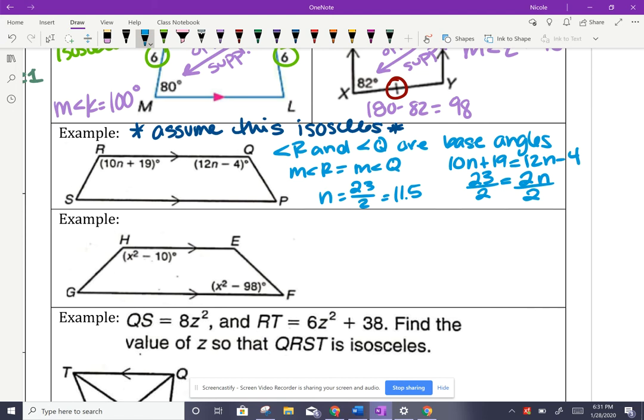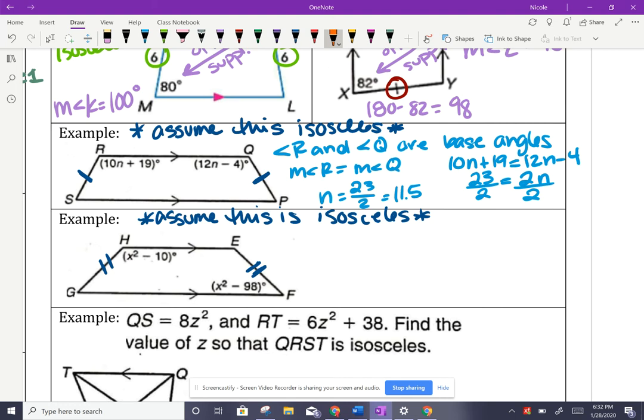If we are assuming that these are isosceles, we're going to put this here and this here. We're going to do the same with our next one. We are also going to assume, because I am telling you. Obviously that won't happen on a quiz or a test. It will state it either by marking the two legs of the trapezoid as congruent, or it will state it in the question, like trapezoid is isosceles. So please remember that.